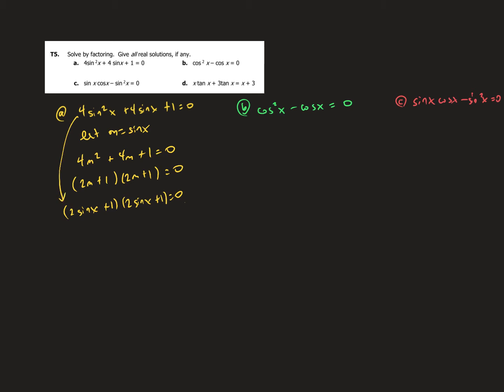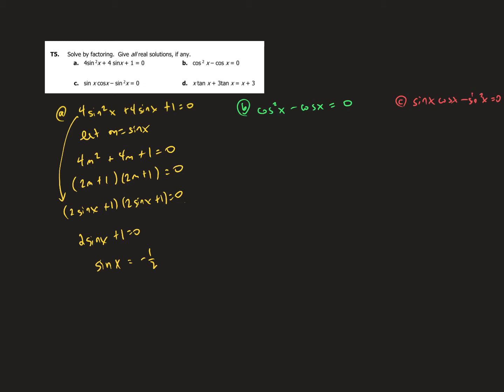So now I can use the zero product property. Since each of these factors are the same, I'm not going to write the same thing twice. But 2 sine x plus 1 would have to equal 0. So then we're going to get the trig thing by itself. So sine x would have to equal negative 1/2. And then we think of the unit circle, where does sine equal negative 1/2?